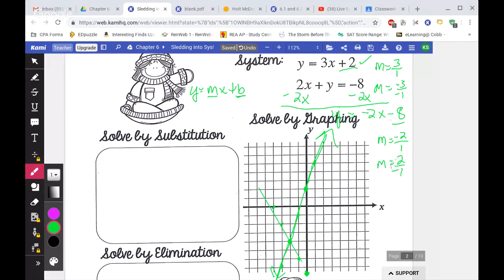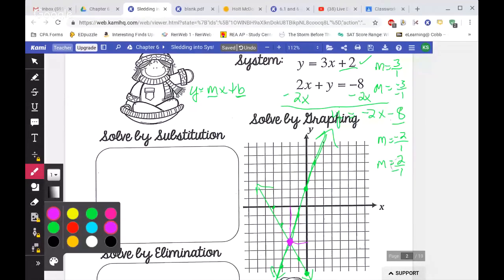But where they intersect is the solution to the equation. So those coordinates are the solution to this system of equations. Let's figure out exactly where it is.